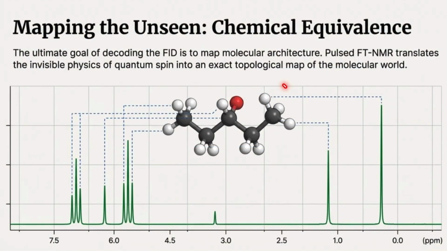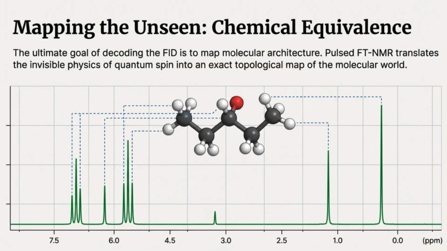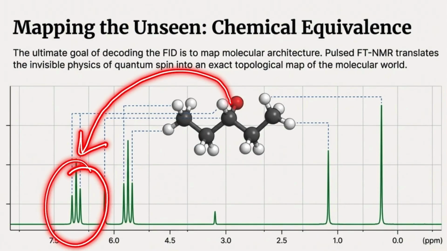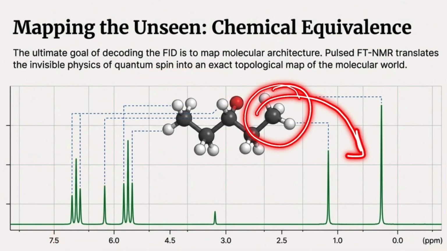So if we see here, this is a molecule and this is the electronegative center. When the species are attached to the electronegative center, their peaks appear in the downfield area, whereas those which are away from the electronegative center have their peaks appear in the high field area.